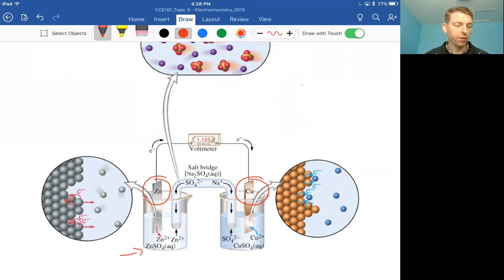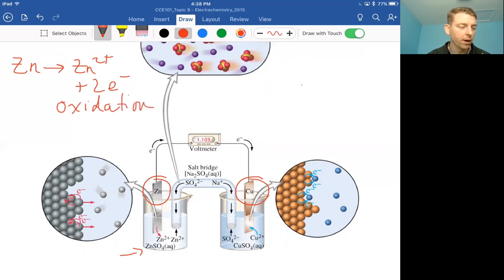The reaction here that we've already seen is zinc going to Zn2+ and 2 electrons. On the inset, it's showing the atoms coming off of the zinc electrode and flowing into the solution as dissolved zinc ions. So this is where the oxidation reaction is happening. Oxidation. And the electrode that hosts the oxidation reaction is called the anode.